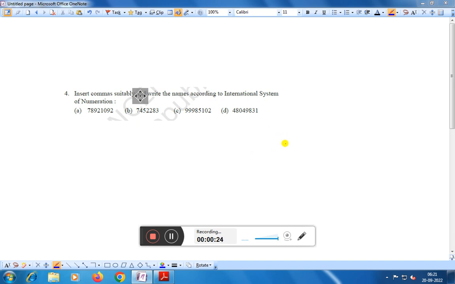We will write here ones, 10, 100, 1000, 10,000, 100,000, million, 10 million, 100 million.